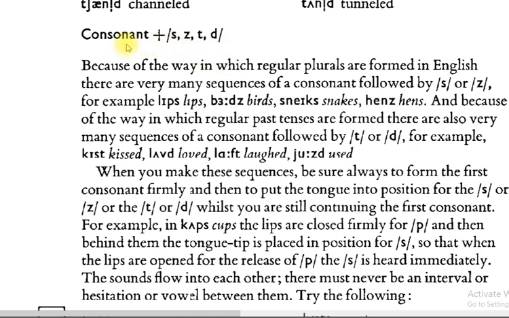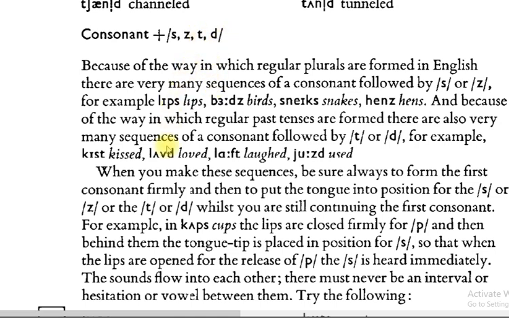So we have this consonant sound that comes at the end of the word and is followed by either s plural, or s third person singular, or, especially when it is a verb, by this ed that is either pronounced as t or d.